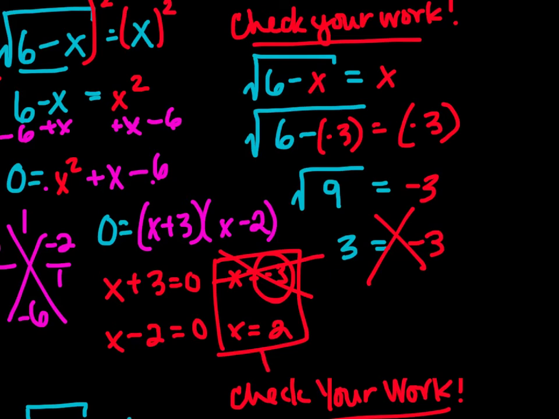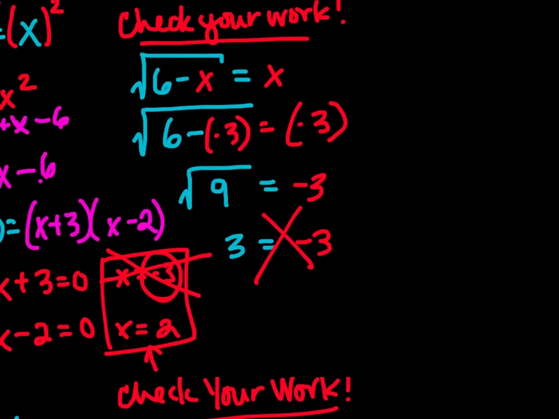Let's make sure this x equals 2 is an answer. Same thing as before, we're going to check our work. We have the square root of 6 minus x is equal to x. For those x's, we're going to put in our 2.